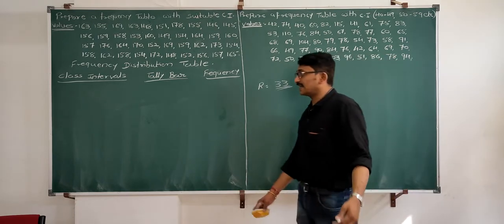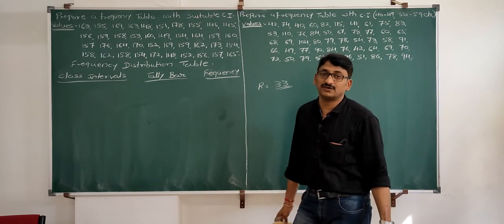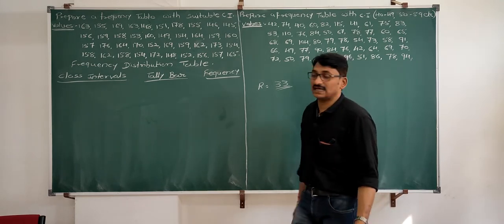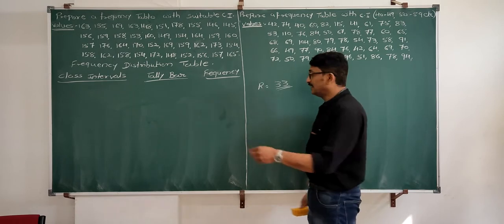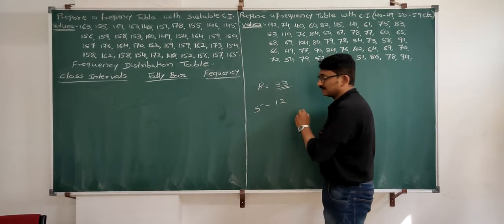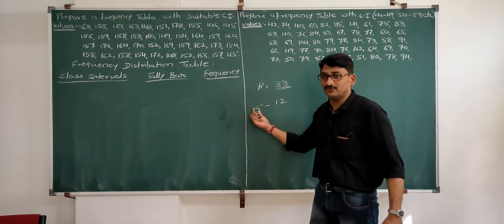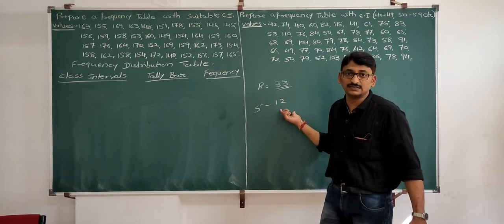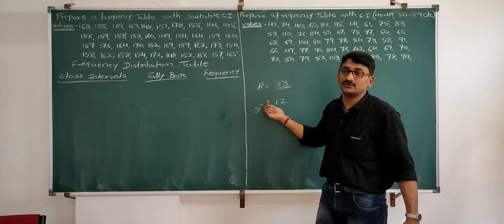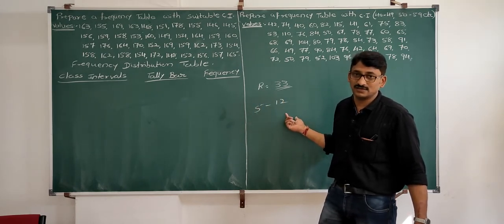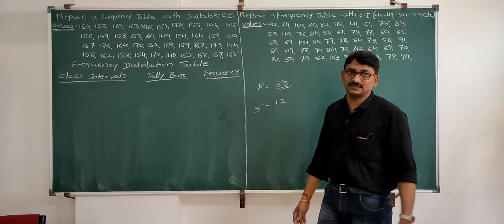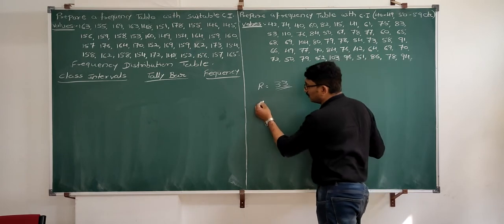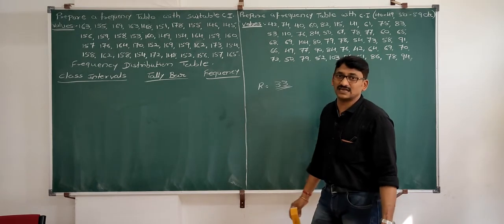In the second problem we discussed the limits on the number of class intervals, that is, how many class intervals we have to take. The limit is 5 to 12. That means we have to take a minimum of 5 classes in the class interval column, or a maximum of 12 classes. Don't take 4 classes, and you cannot take 13 classes either. Suppose I want a difference of 10 in each class interval.